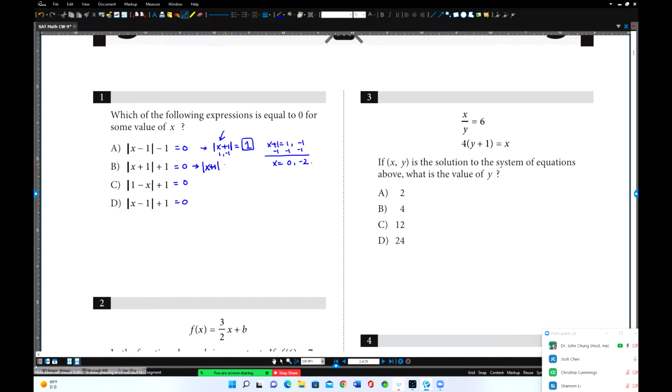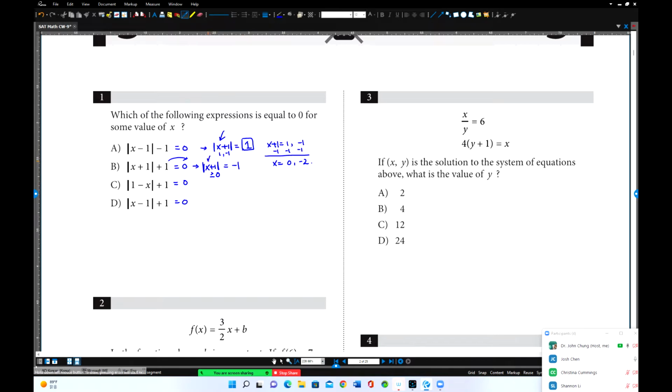But take a look at the second one. Always isolate the absolute value, moving the constant number to the other side. That is negative 1. But when you take a look over here, absolute value is always greater than or equal to 0. It can never be negative. So for any value of x, we can never make a negative distance. So this has no solutions.